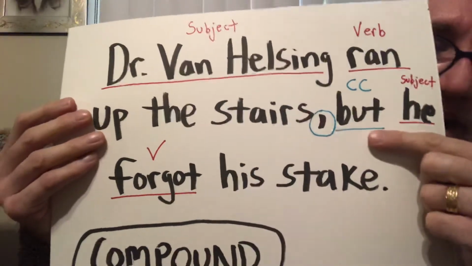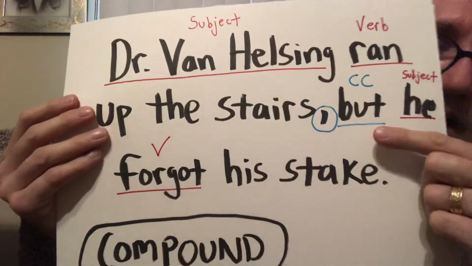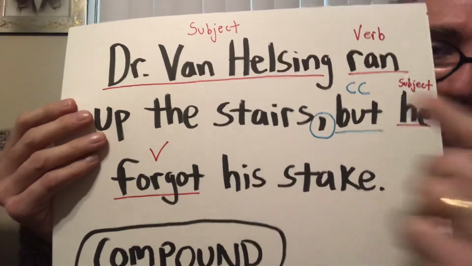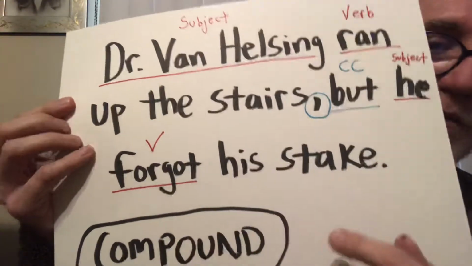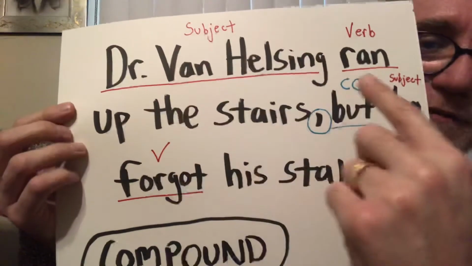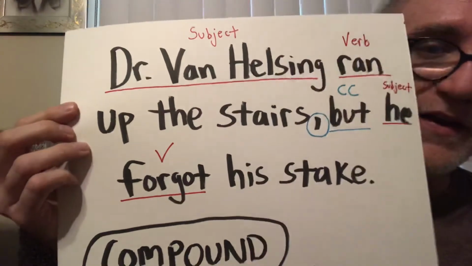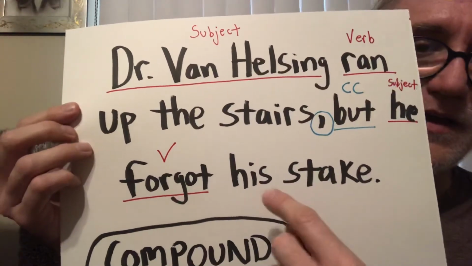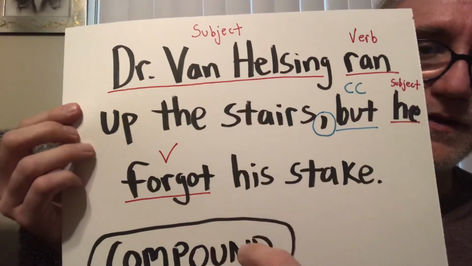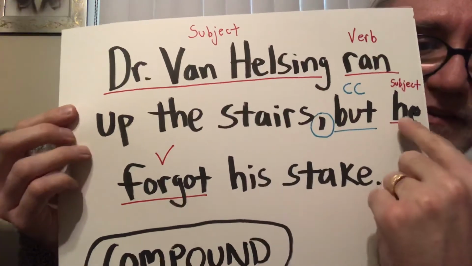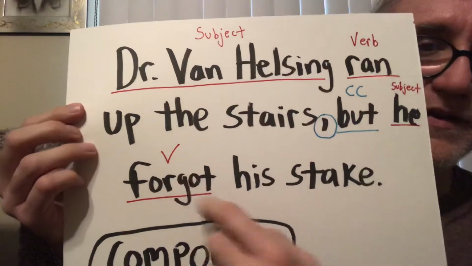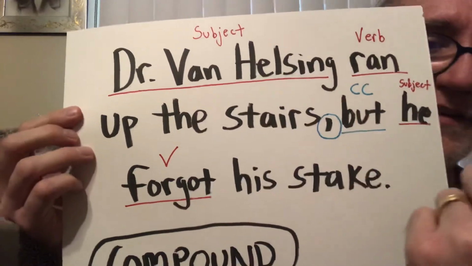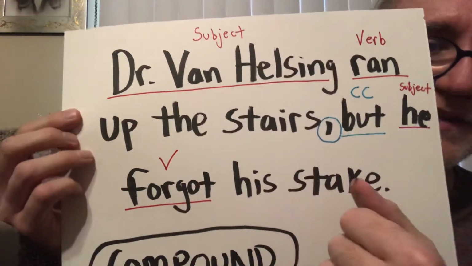So, okay, the thing that's important here is we have the two independent clauses. We have a subject and a verb, and then a subject and a verb on either side of the thing that's hooking them together.